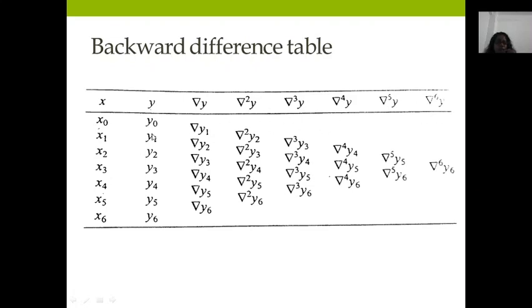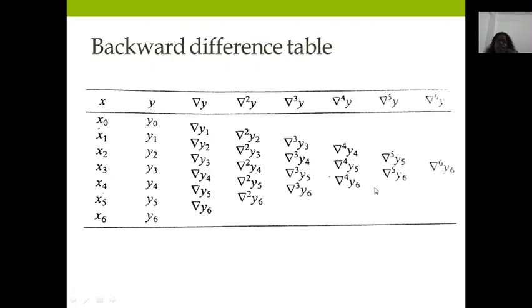I hope no explanation is needed. y1 minus y0 will be the backward difference of y1, and remember to write it in between y1 and y0, with the same procedure for all the others.